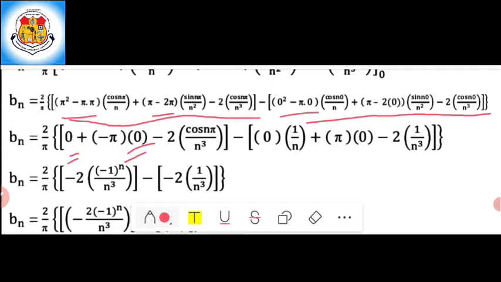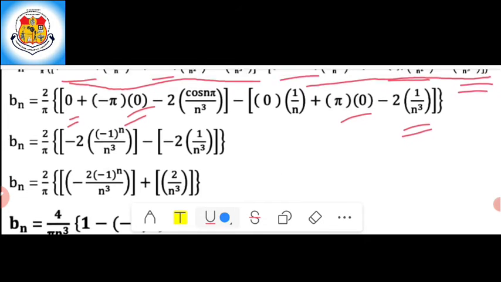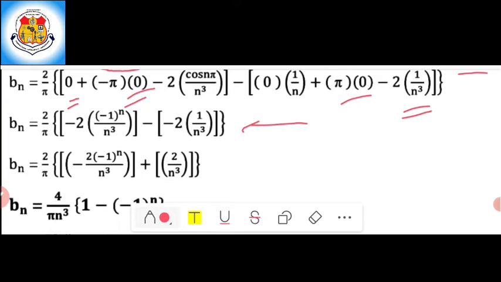Here also 0, since sin 0 is 0, and cos 0 is 1, so the remaining is −2 upon n³. So the next step: the value of −2 cos nπ is −2(−1)^n divided by n³, and the other terms we write as they are.